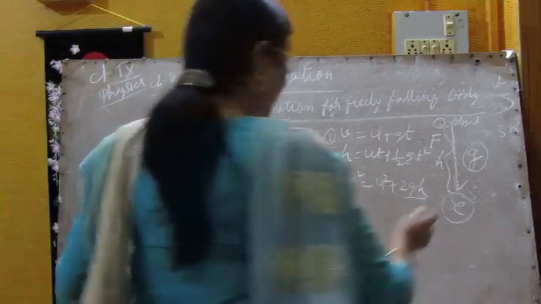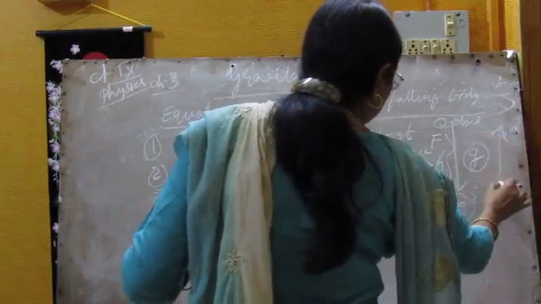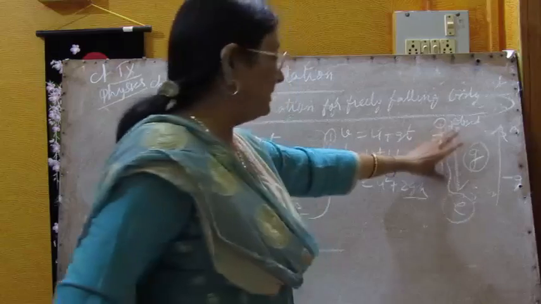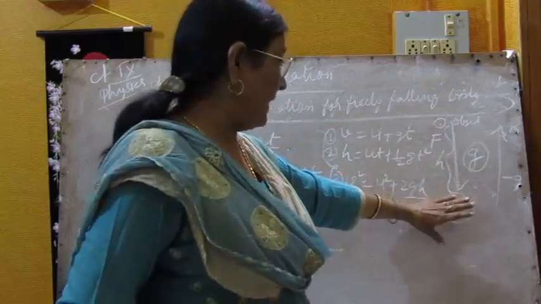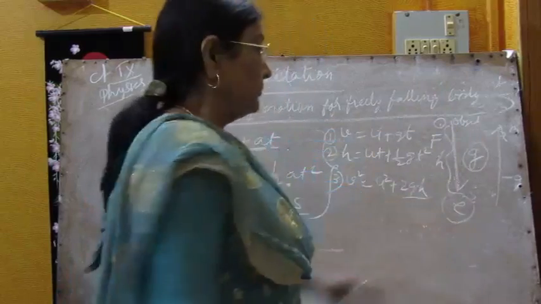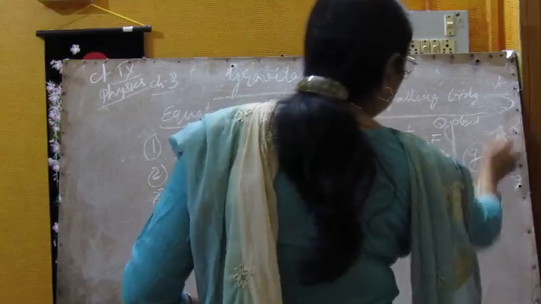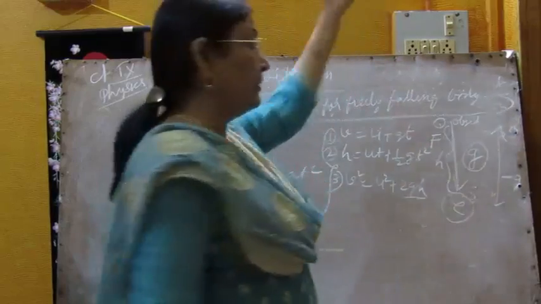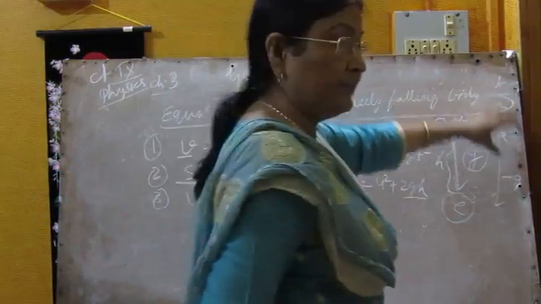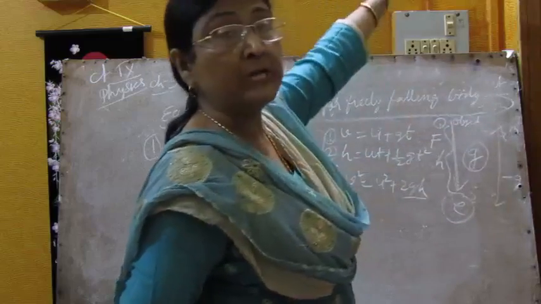Now, if I throw an object upwards, then G is negative, since the attractional force of the earth on the object is downwards. The acceleration due to gravity is downwards, but the object is going upwards.